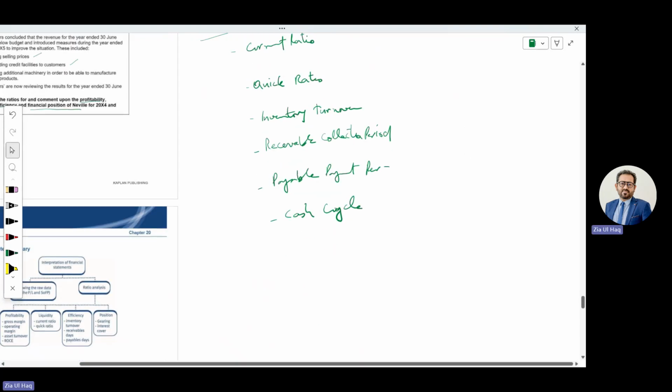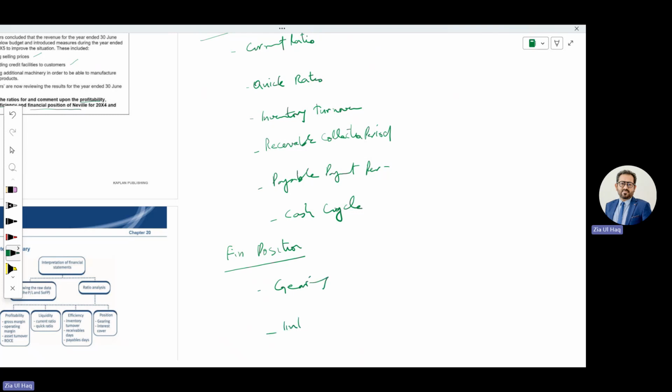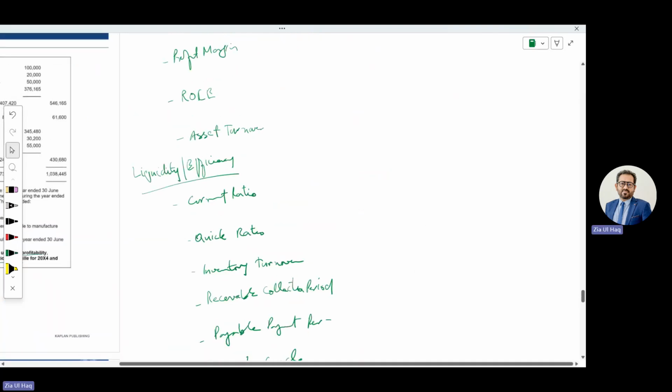Then we need to calculate financial position ratios. In financial position, we need to calculate gearing and interest cover ratio. What could be the formulas?